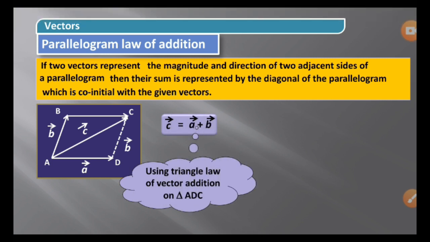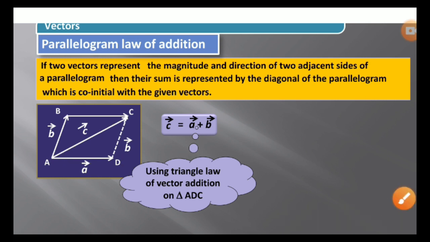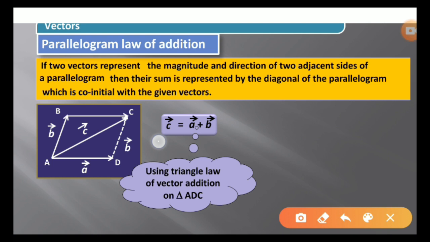It can be represented by c is equal to a plus b vector. We get this by using the triangle law of addition on the triangle ADC. So this is the triangle ADC, and by using the triangle law of addition, we can represent the parallelogram law of addition like c is equal to a plus b vectors.